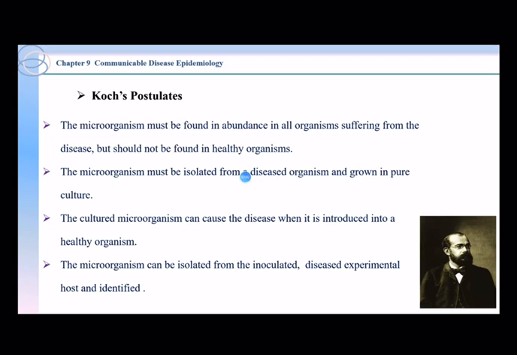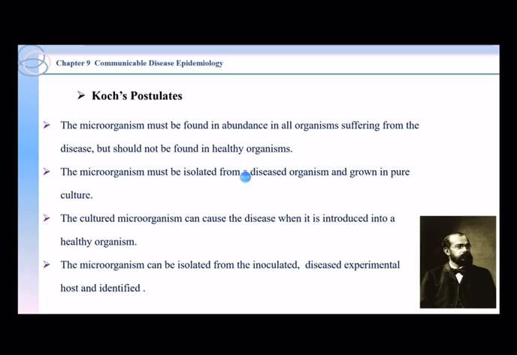So Koch's postulates mean that if we want to define a communicable disease, we need to satisfy these 4 conditions. First, the microorganism must be found in abundance in all organisms suffering from the disease, but should not be found in healthy organisms.